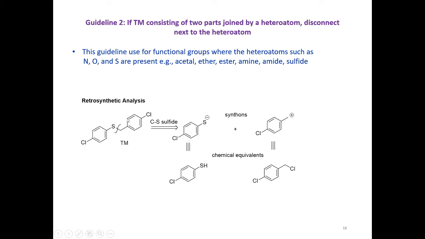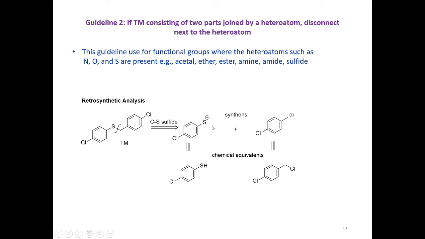So when you consider the retrosynthetic analysis for this sulfur-based target molecule, as I told you, if the target molecule is joined by two parts containing a heteroatom, for example nitrogen, oxygen, sulfur, here sulfur is there, so we will cleave this bond, the C-S sulfide bond.